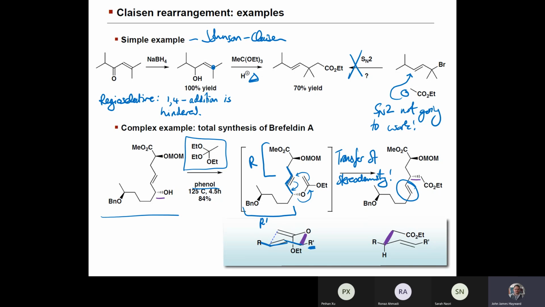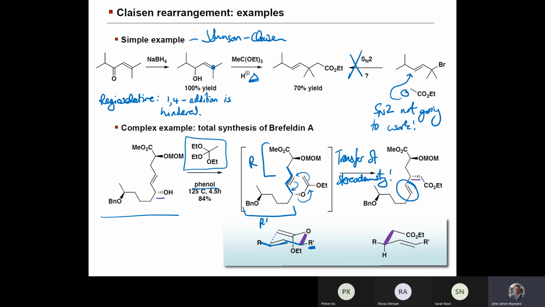Now, there are relatively many ways to do reductions selectively, or there are even ways like opening epoxides that we can make alcohols with stereochemical information there. Making carbon-carbon bonds selectively is a tougher process.